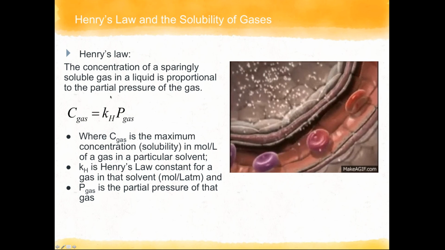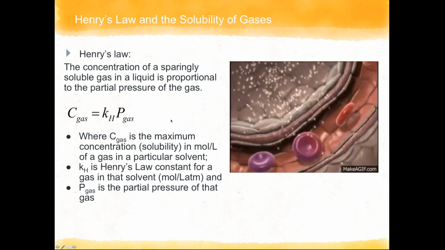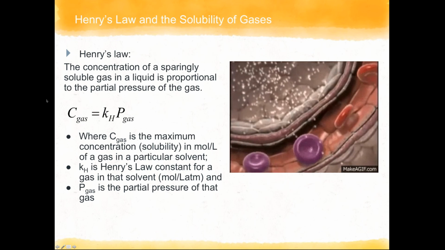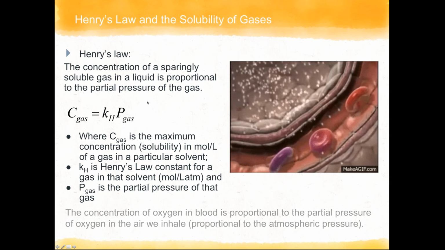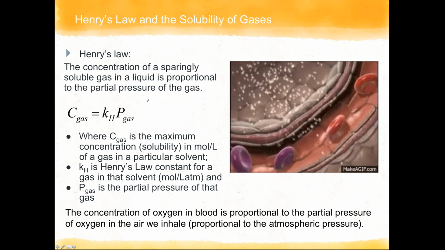So just to review kind of what that looks like, the partial pressure of a gas. If you remember when we talked about partial pressures before, and if we're using the example of oxygen, we have the partial pressure of oxygen, and it's going to be equal to its mole fraction, and that's going to be how many moles of oxygen there are in the atmosphere over the total moles in the atmosphere.